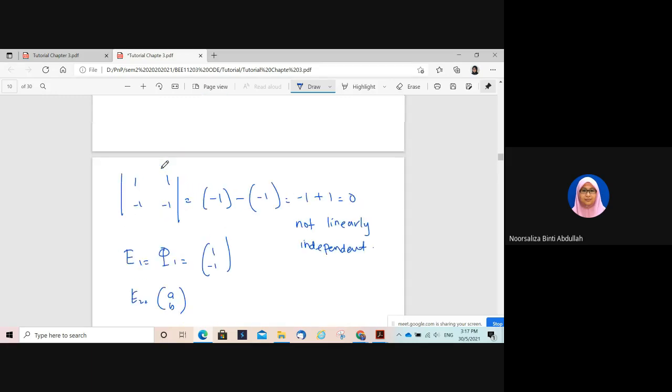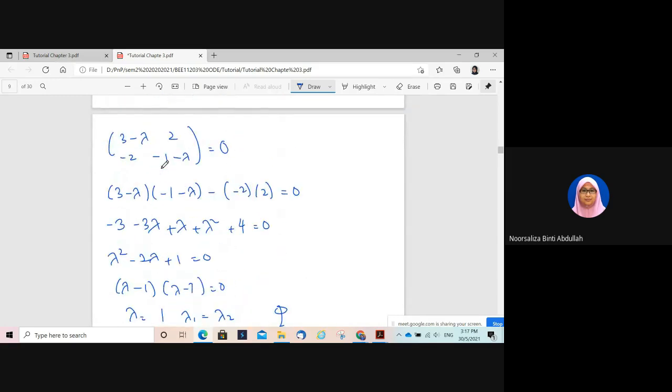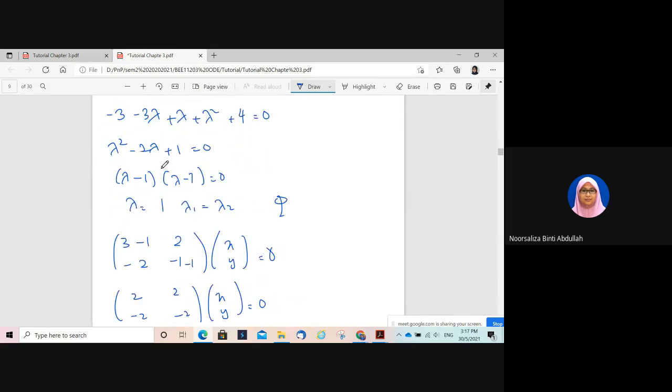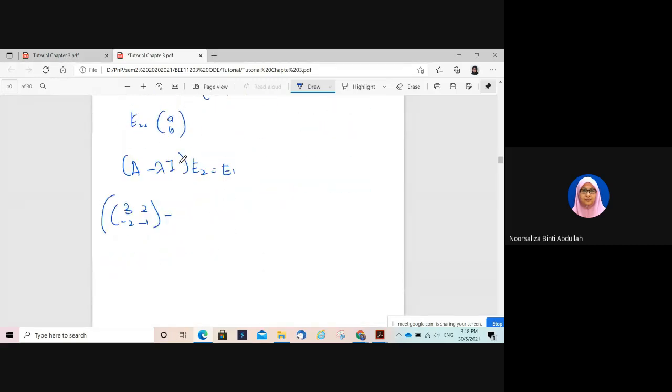So what is your lambda? Lambda is 1. So 1 times the identity matrix is 1, 0, 0, 1, times E2. E2 is A and B equals to E1.